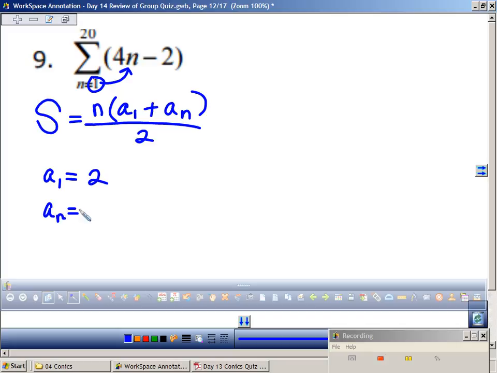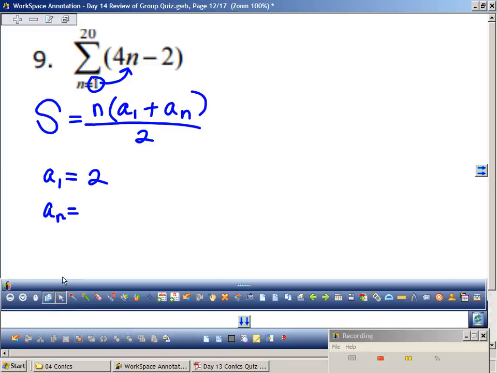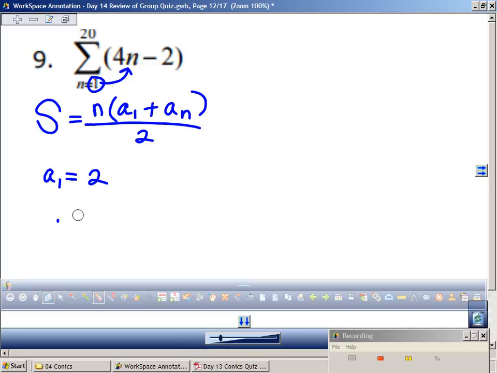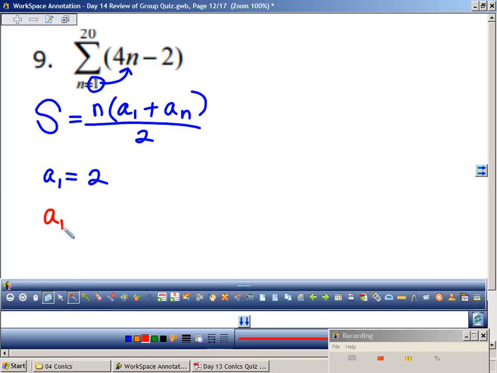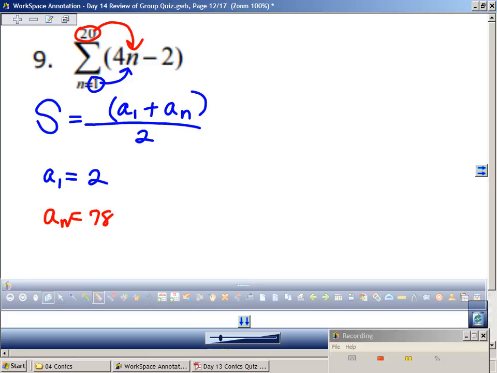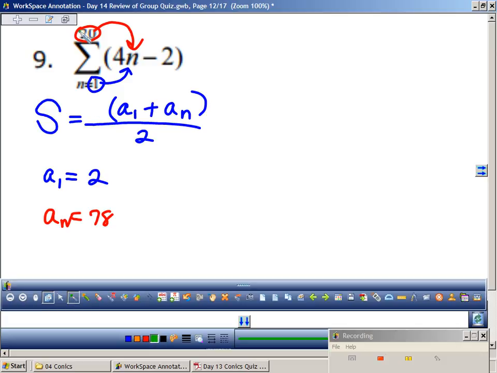My last term, I plug in the last one, and I get 78. And I have 20 terms, which is right here.